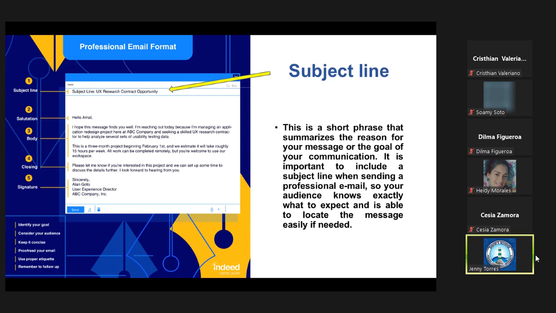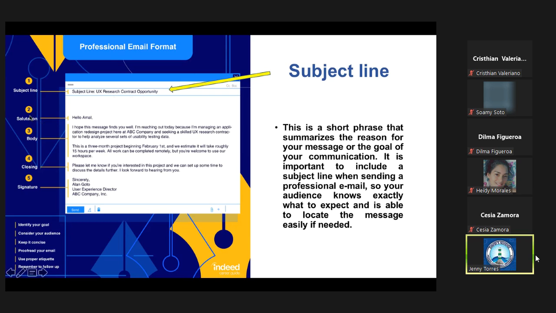And it has to be just some words that are going to help the reader to be able to locate that message easily if needed, okay? In this part, as I told you, it has to be a little bit short, just some words that identify what is the purpose of your writing.